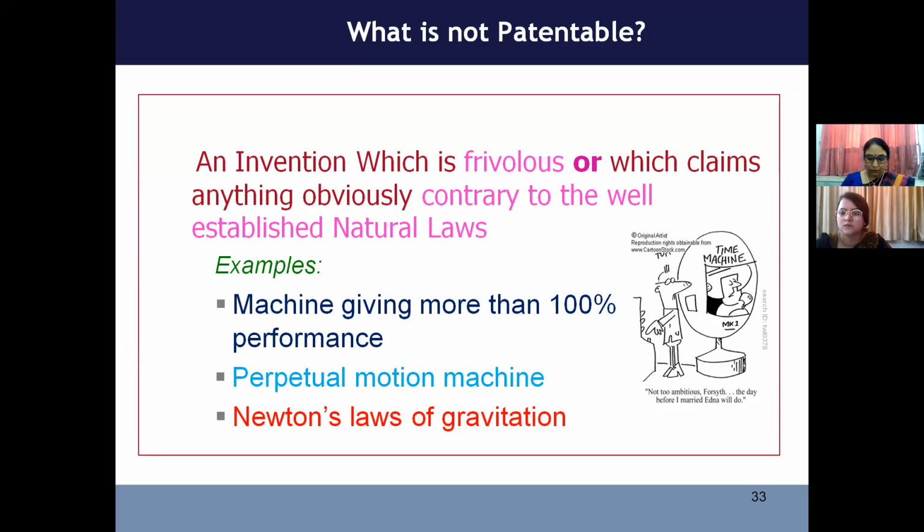An invention which is frivolous, or which claims anything obviously contrary to well-established natural laws. It is like discoveries. If you have a discovery, that cannot be patentable. Suppose someone says, I can develop a machine which is 100% efficient. I think it is not possible at all.